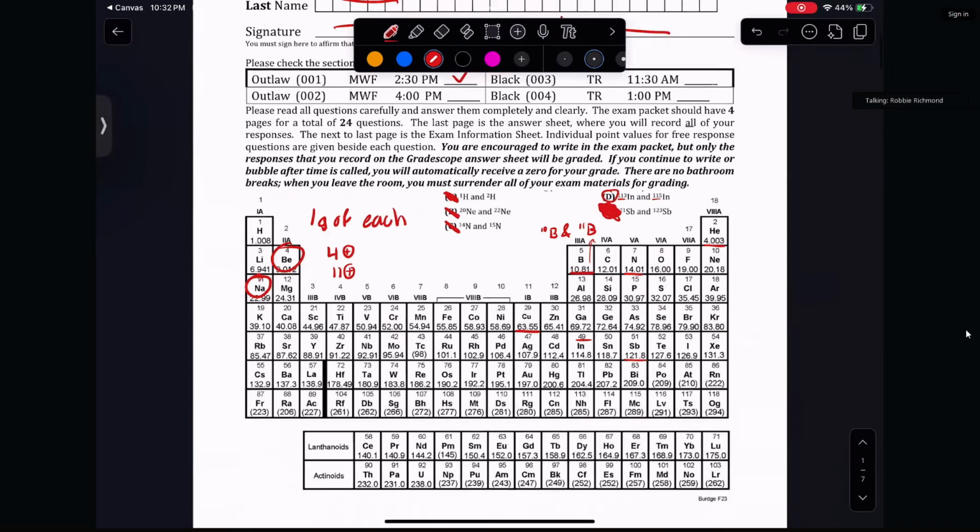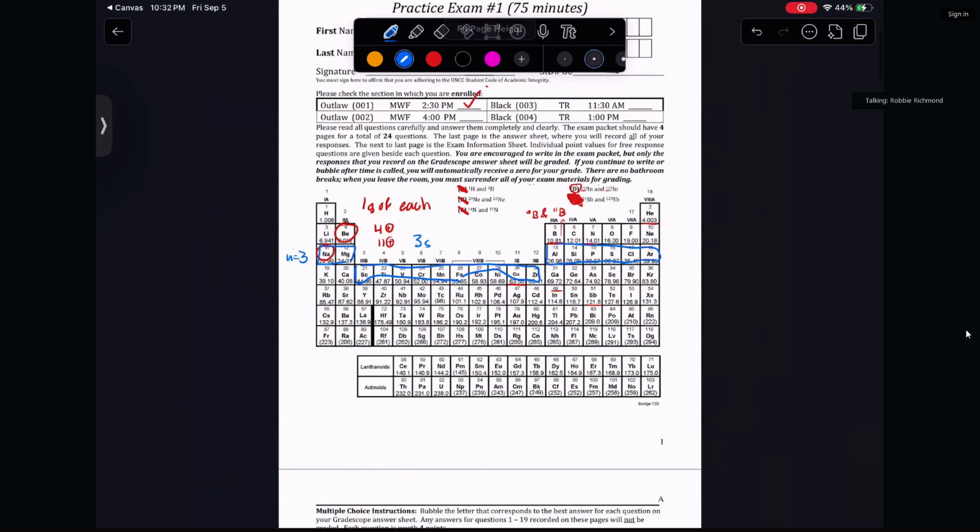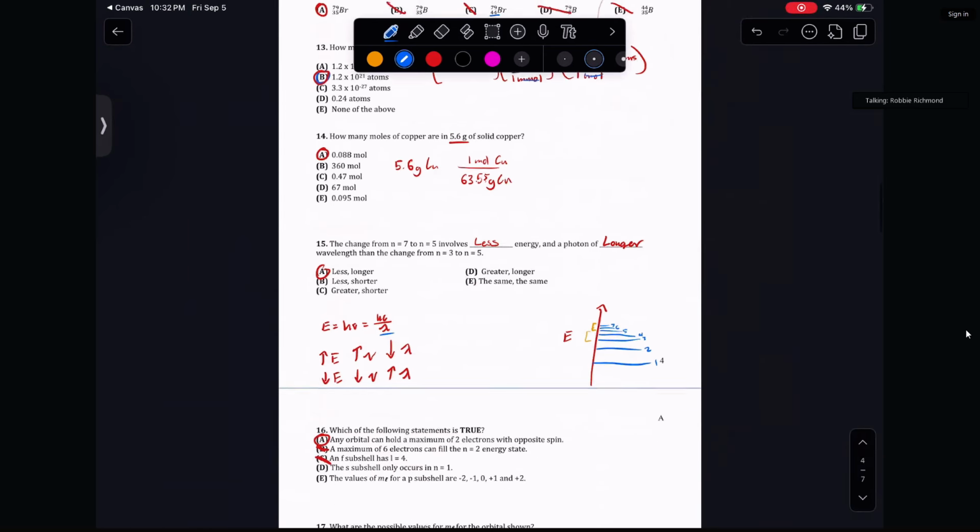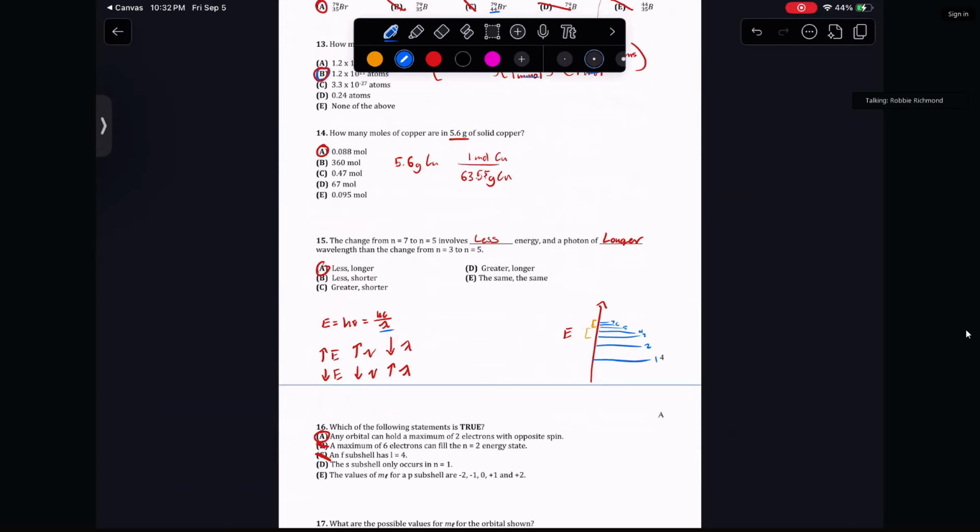Going back over here, this is our n equals 3, or period 3. This is our S block right here. So this would be 3s, and this is an L value of 0. This is an L value of 1. And then this is also in the principal quantum number of 3, but it's down here. We'll go into why a little bit later in our next lectures. So just because the principal quantum number is 3 does not mean the L value has to be n minus 1.